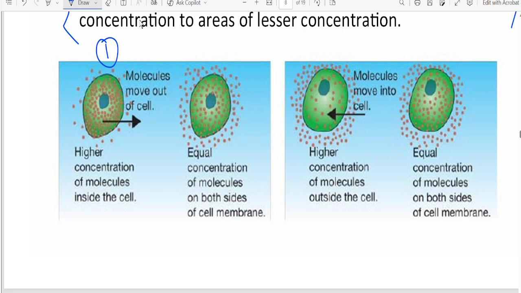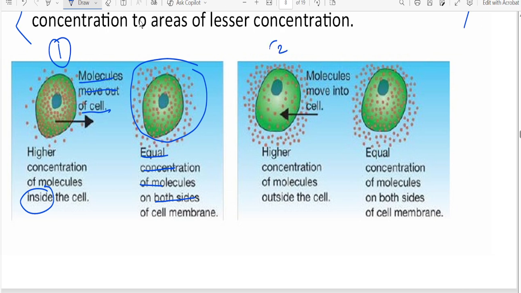The molecules move out of the cell because inside the concentration is high, and they keep moving outside until it is equal on both sides.